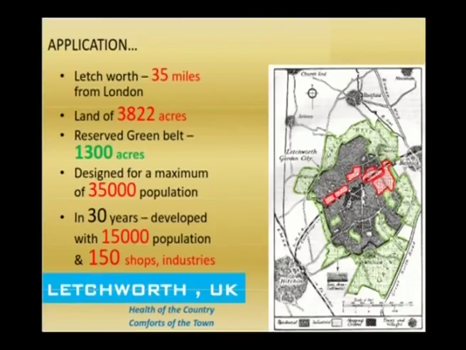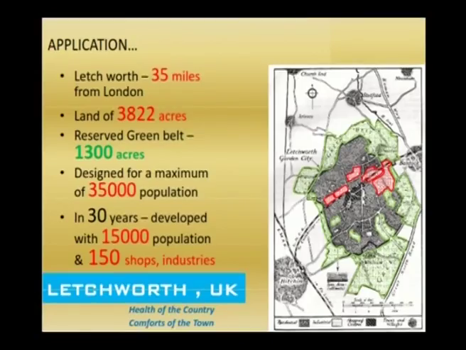We'll see how this was applied in Letchworth in the United Kingdom. This was 35 miles away from London. So it is a little away from the city but not completely away, such that you cannot travel to London. It was chosen around a site of 3,822 acres. There was a reserved green belt around, which is 1,300 acres. Population set aside was for 35,000 people, and that was an upper limit.